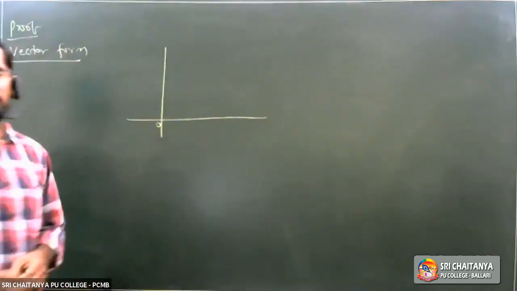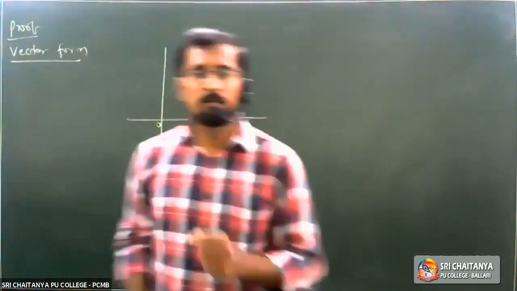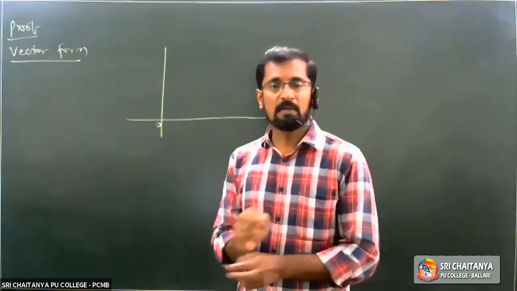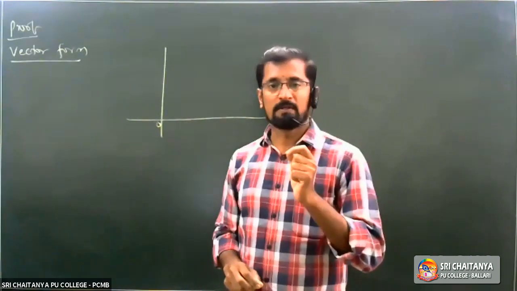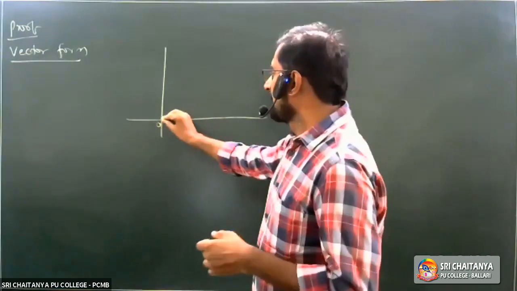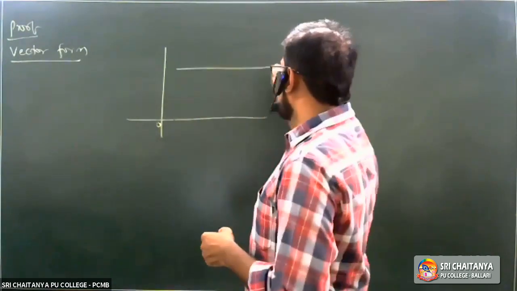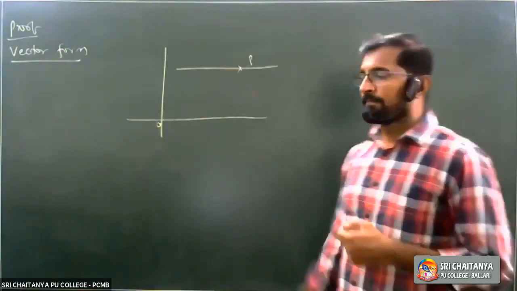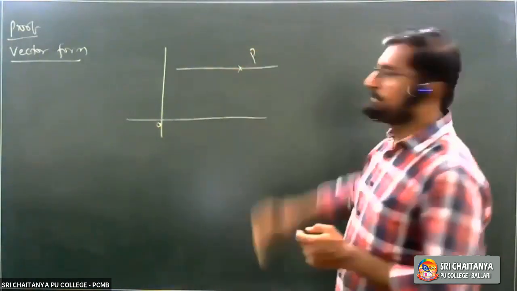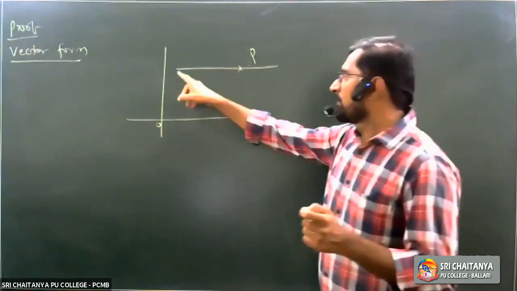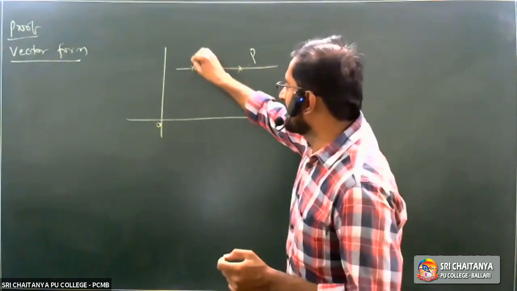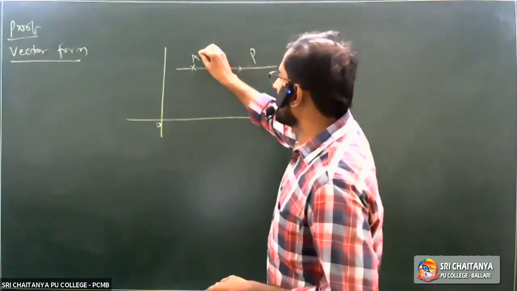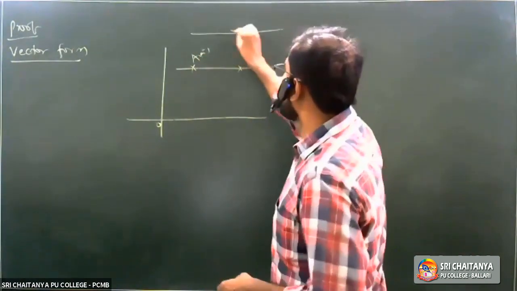Let O be the fixed point. Whatever we draw, we just write in verbal. Let P be the point on the line passing through the point capital A and parallel to the vector B bar.